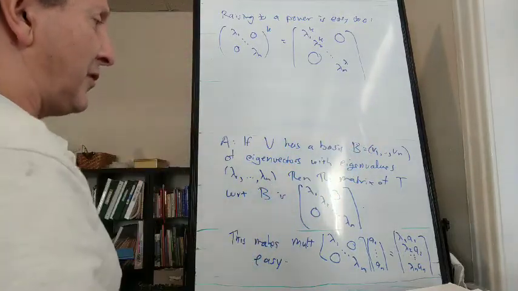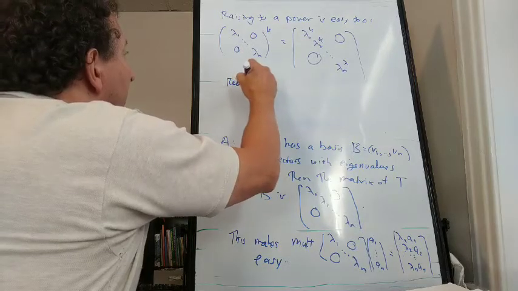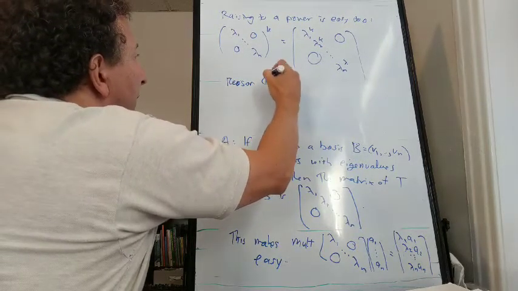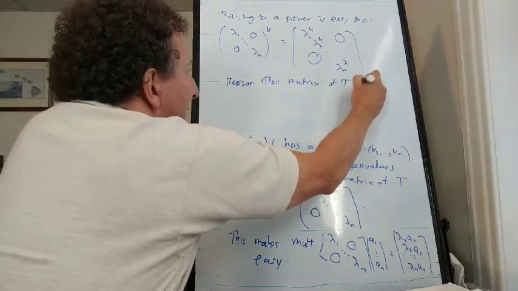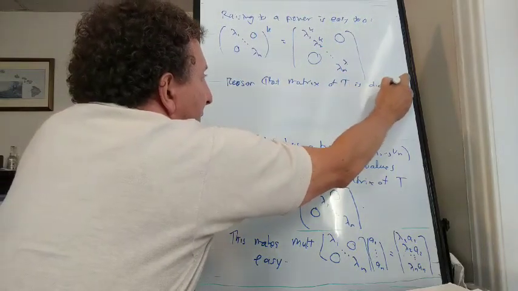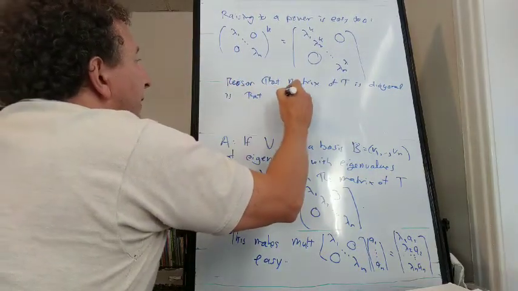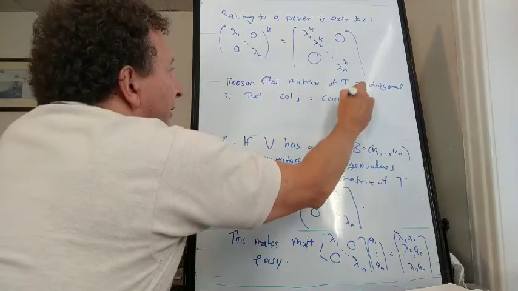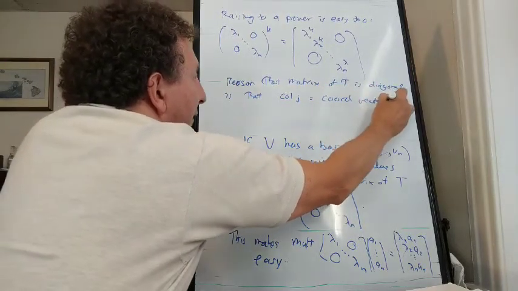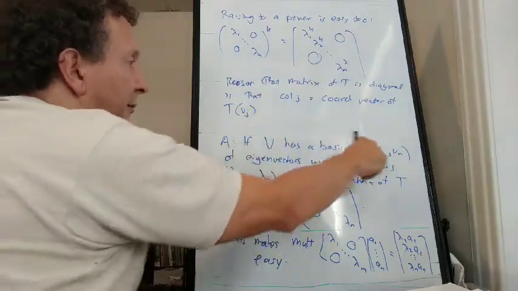So the reason that the matrix of T is diagonal is that column j equals the coordinate vector of T of vj, where vj comes from the basis.